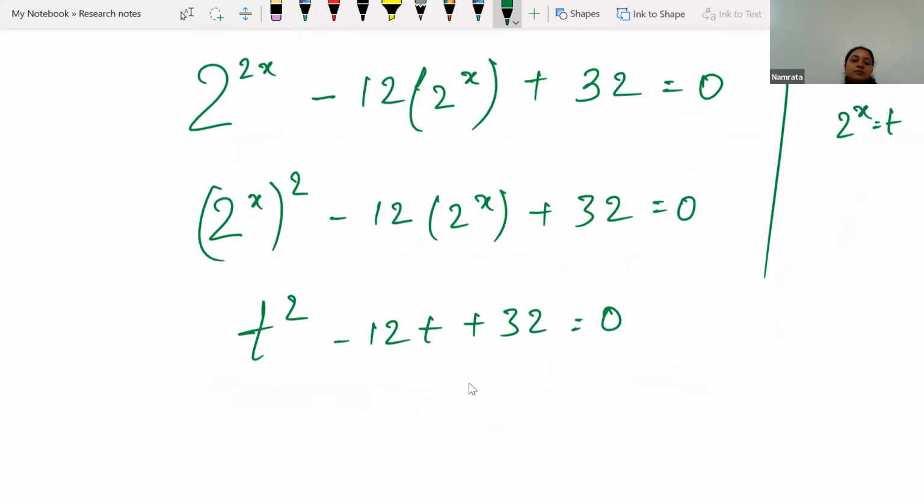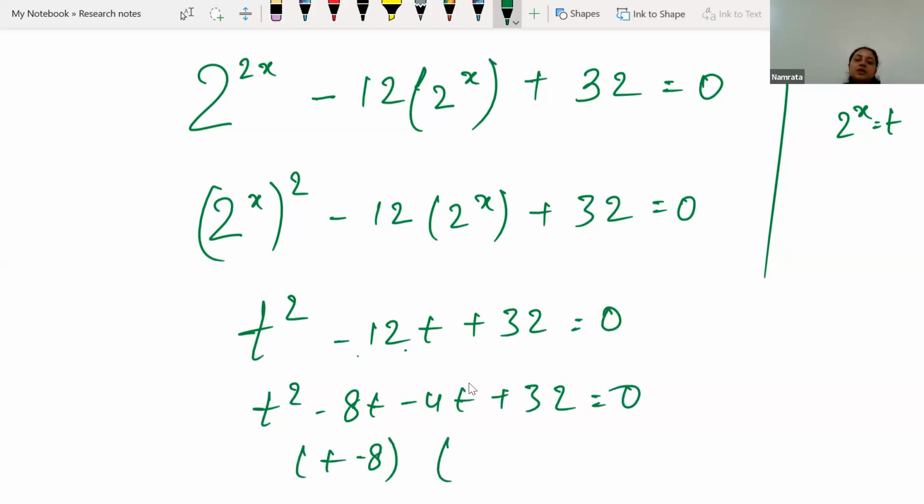Yes, ma'am. 8 4s are 32, 8 plus 4 is 12. So we will have t square minus 8t minus 4t plus 32. Let's do it quickly. t minus 8 and t minus 4 we will take. So what t value did we get? We got t value as 8 and 4. Is it clear?